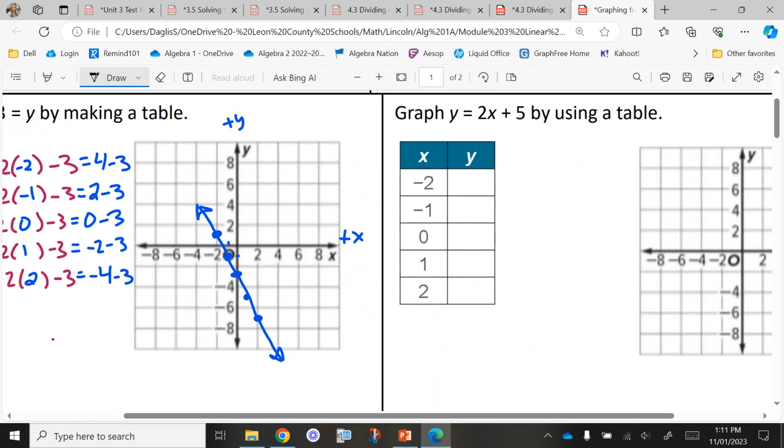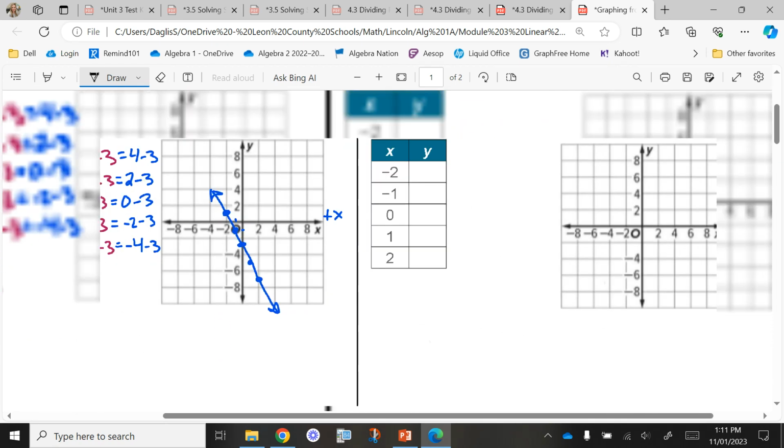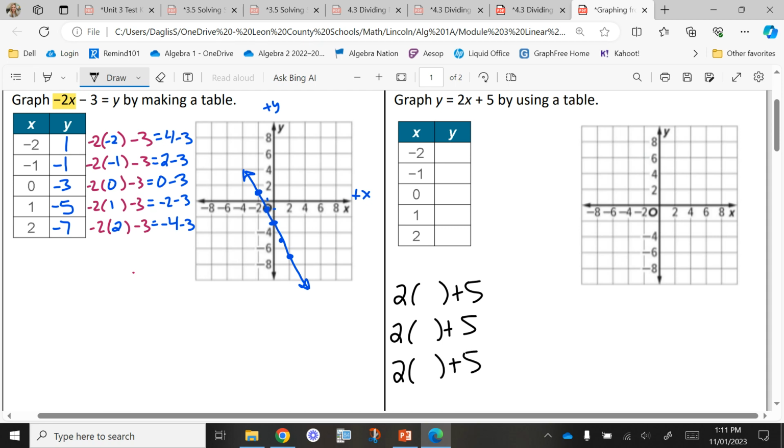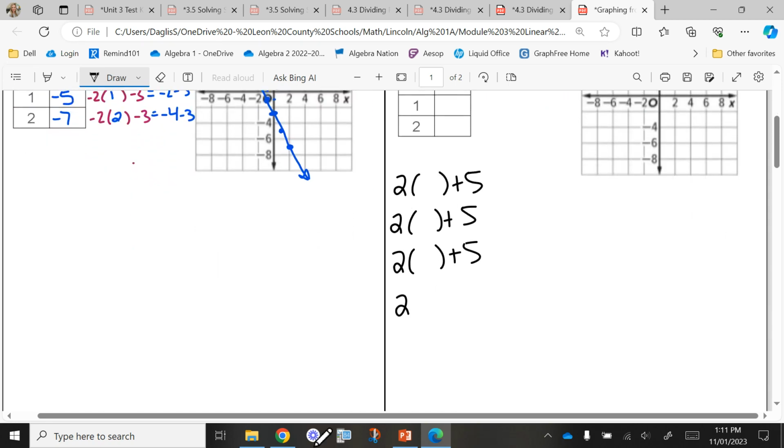Okay. So every single time, I'm going to use this space now down here. So we're going to have 2 times something plus 5, and we're going to do it 5 times, right?